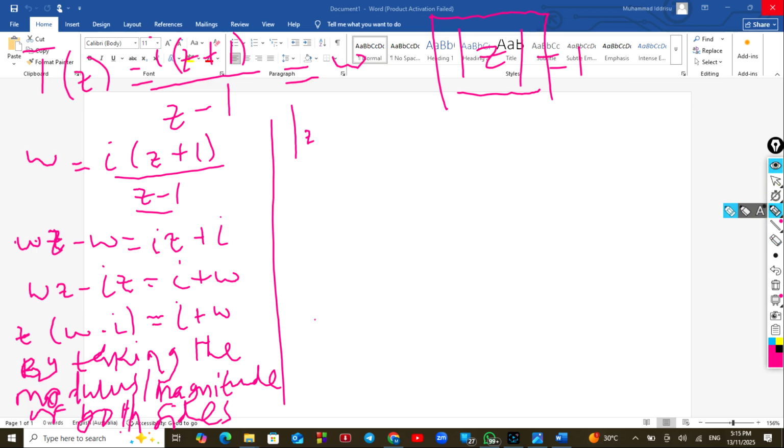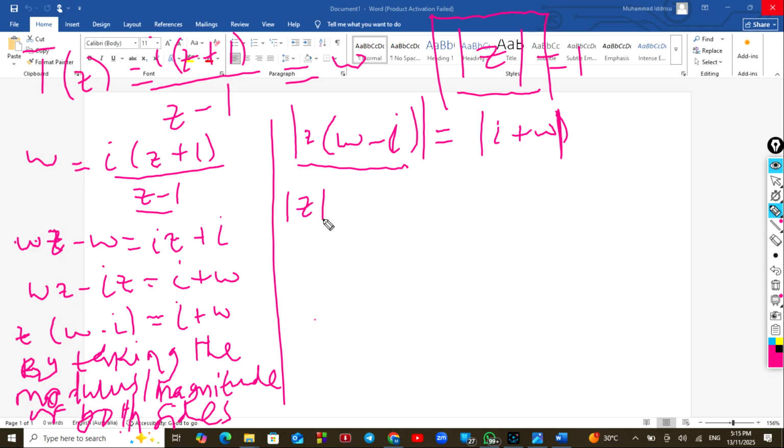So the modulus of z multiplying w minus i is equal to the modulus of i plus w. We know that this is the same as the modulus of z multiplying the magnitude of w minus i, equal to the modulus of i plus w. But the magnitude of z is equal to 1.